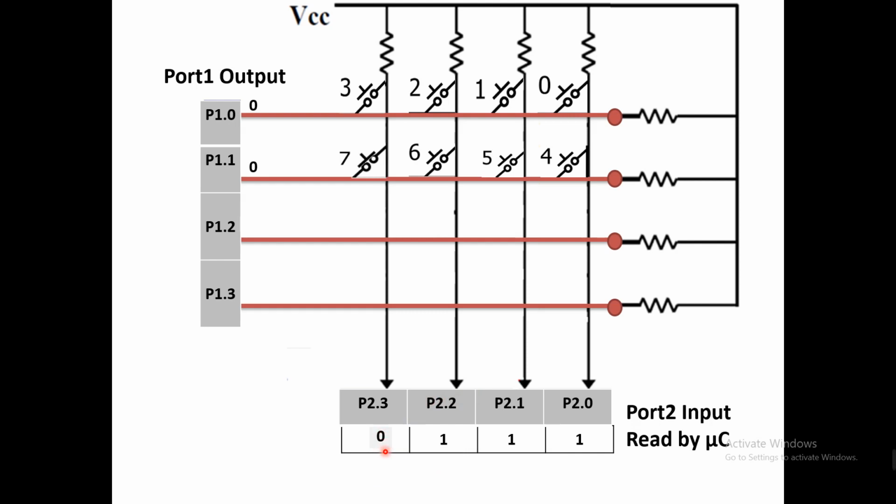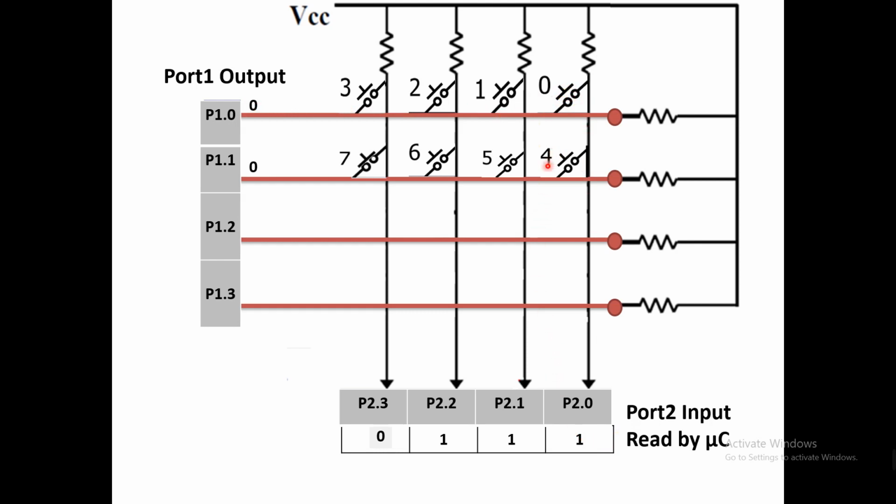So what we understand here is that if we press 4, 2.0 will become 0. But what happens if we press the 0 key? Because this is also 0, if we press the 0 key, then 2.0 will become 0.